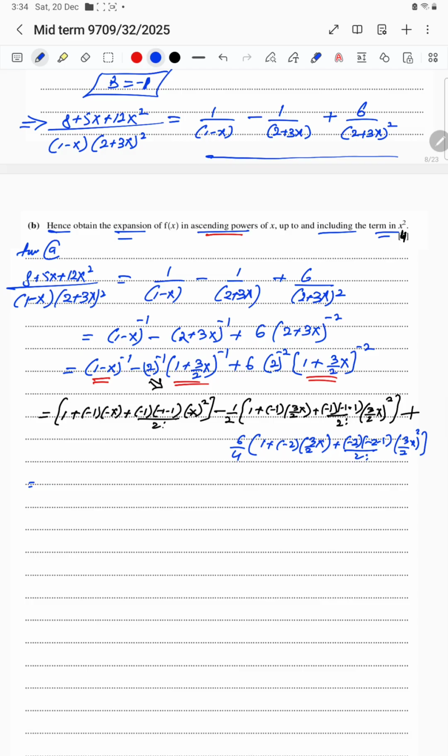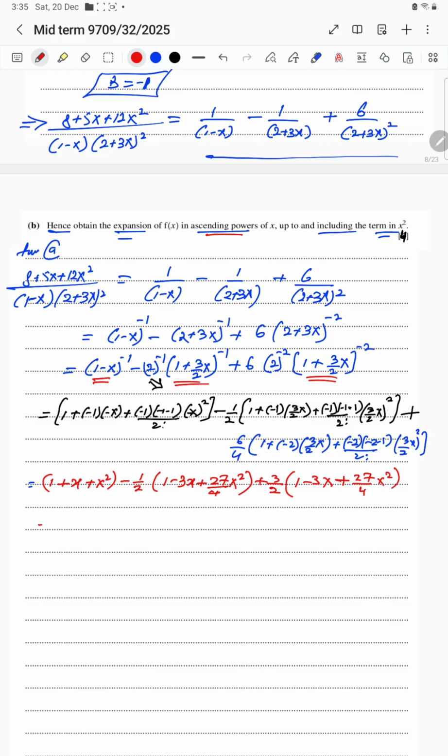Now simplify this. I will write 1 plus x plus x squared, and here is 1 by 2 times (1 minus 3x plus 27 by 4 x squared), plus 6 by 4, meaning 3 by 2, times (1 minus 3x plus 27 by 4 x squared).